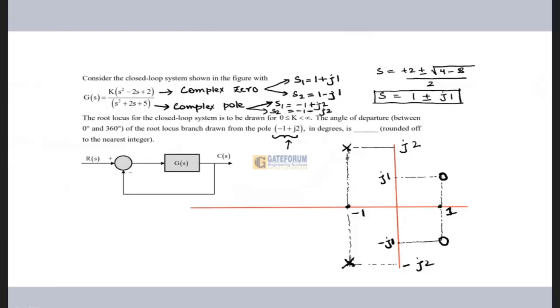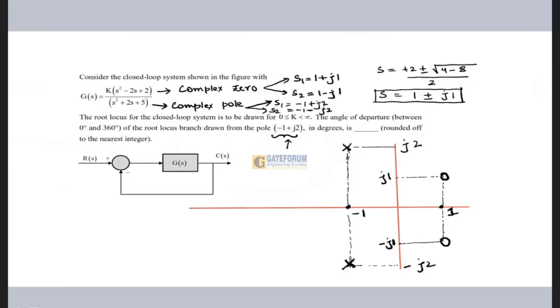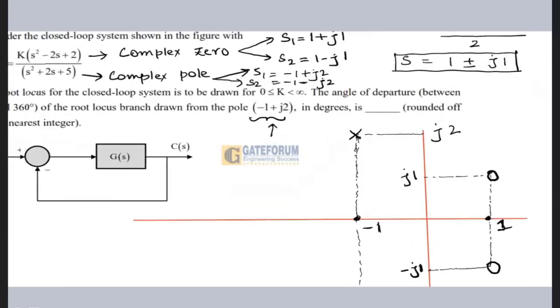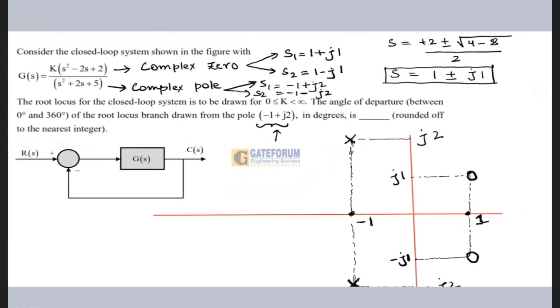Now I have to find the angle of departure for this minus 1 plus j2. For this particular pole they are asking the angle of departure. So I can join it with all the poles and zeros. For this pole I am joining like this, for this zero I will join like this, and for this zero like this.